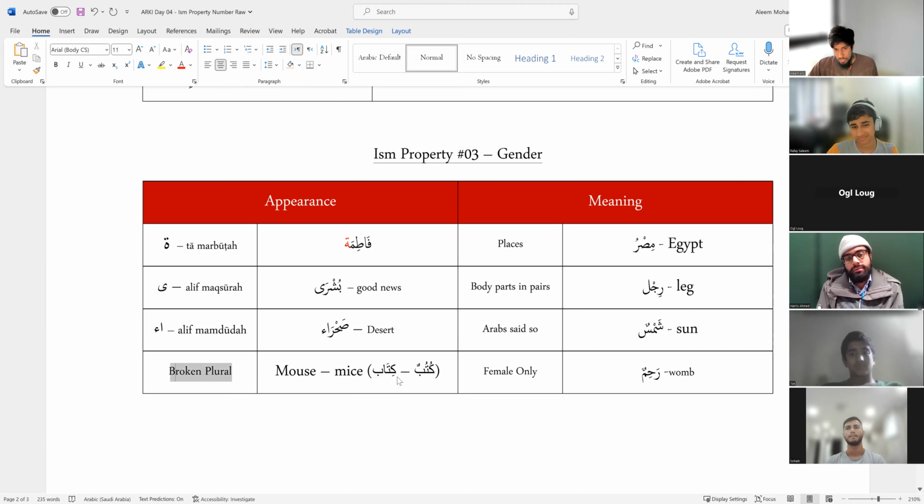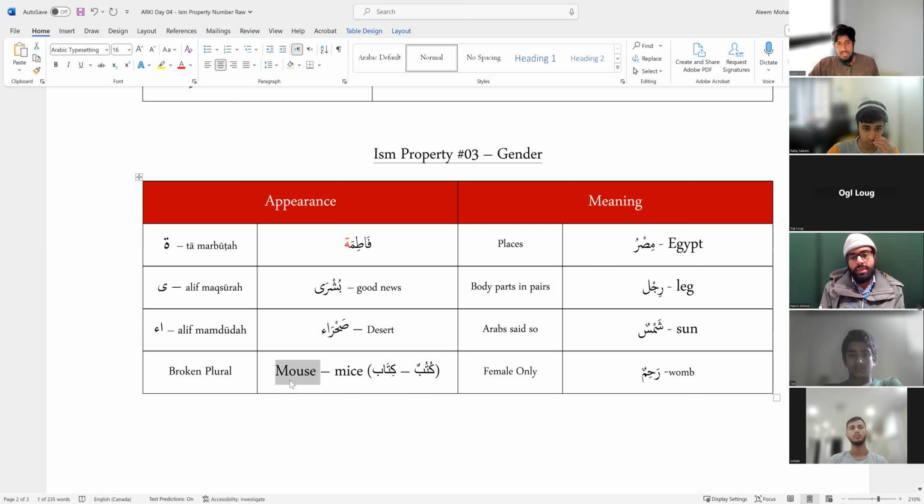Then we talked about the broken plural in quite a lot of detail, right? And we said plurals in Arabic can be divided into sound plurals and broken plurals. And quite frankly, it's just the same as English for the most part. A sound plural is when you put on the end simply an S, whereas in Arabic, you put an una or an ina on the end, but the actual form of the word is preserved, right?